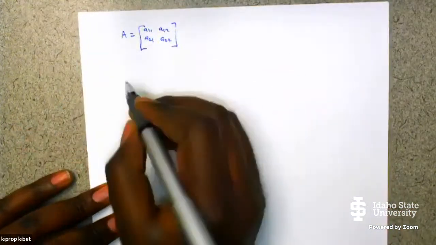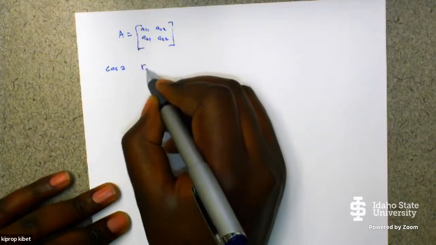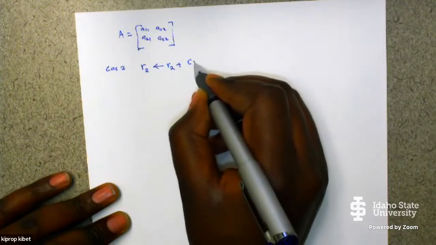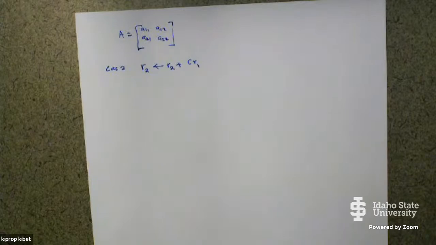If we do the row operation, case 2, we take R2 plus CR1.